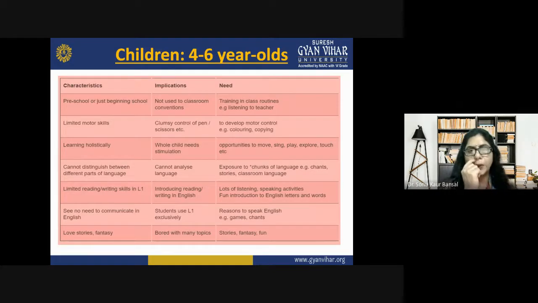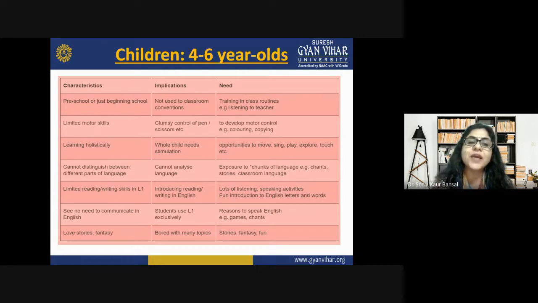First of all, we are going to discuss 4 to 6 year old children, as we all know, the pre-primary classes and early childhood stage. This is the stage where the children are very innocent and very small in their physical age also.